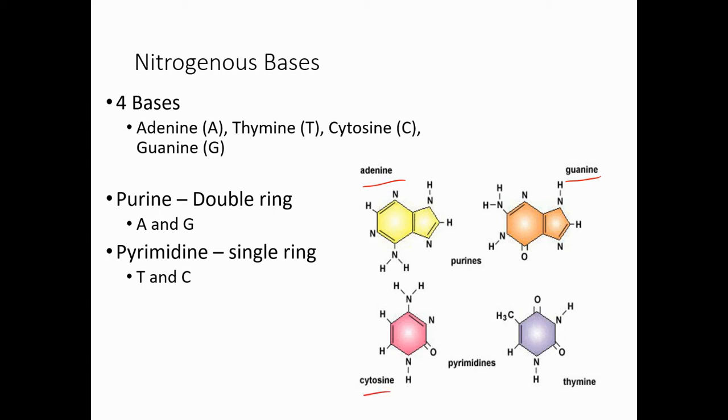Cytosine and thymine down here are single rings, and we call those pyrimidines. So there's the phosphate, the sugar, and then one of an A, a T, a C, or a G connected to that to make each nucleotide, 4 different nucleotides.